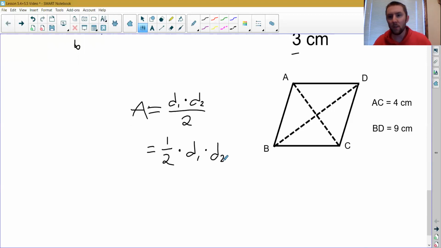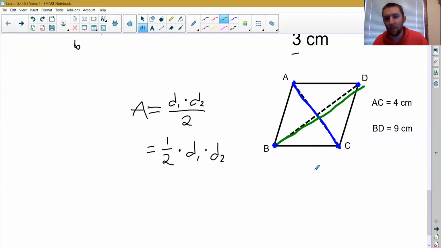In this particular example, the distance from A to C is given as 4 centimeters, and the distance from B to D is given as 9 centimeters. Sorry, that got off a little bit. You know what I'm saying. This is 4, this is 9.